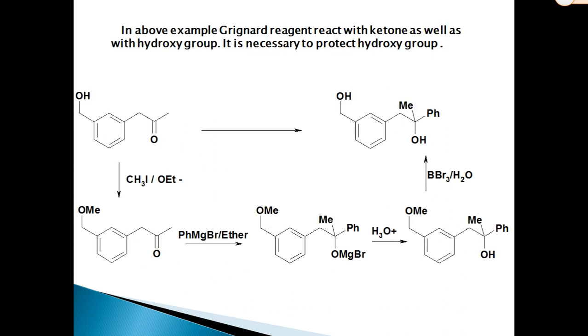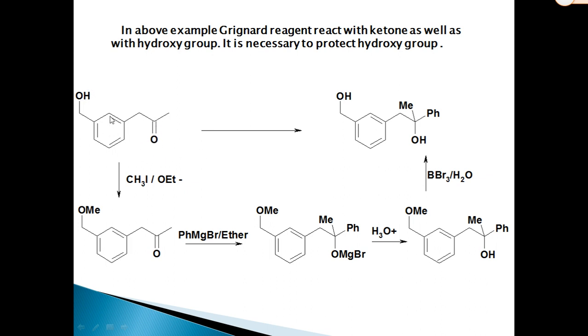The second example, Grignard reagent. Here we are using Grignard reagent. See, we are introducing this phenyl ring to this carbonyl carbon atom. But Grignard reagent is reactive to both hydroxyl as well as the ketonic group.